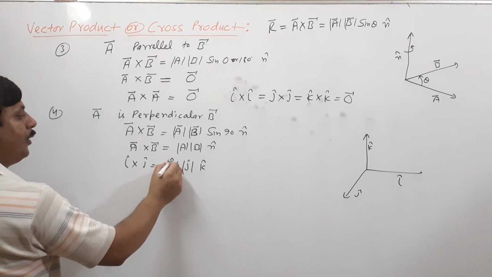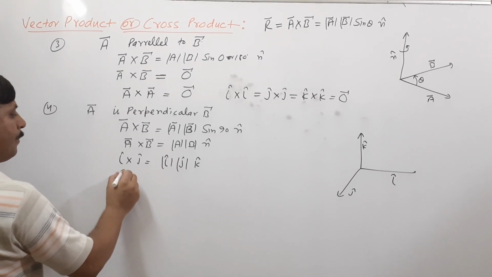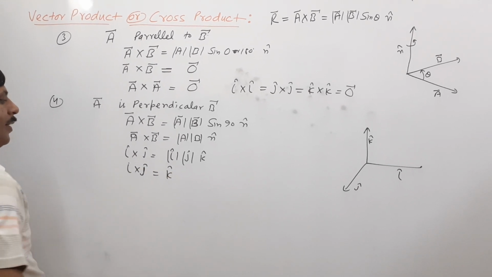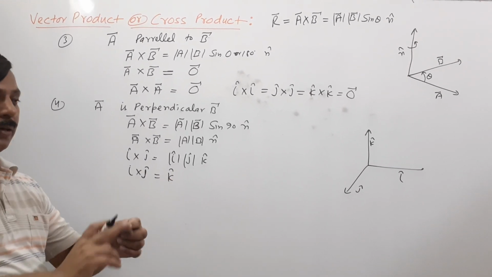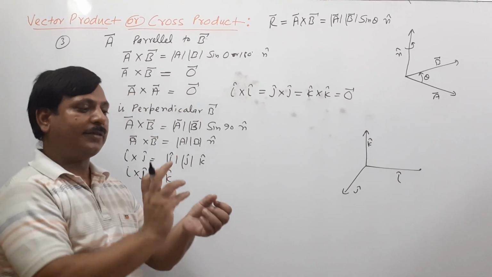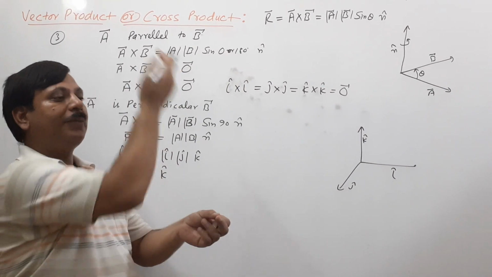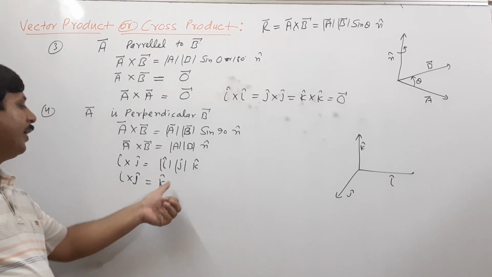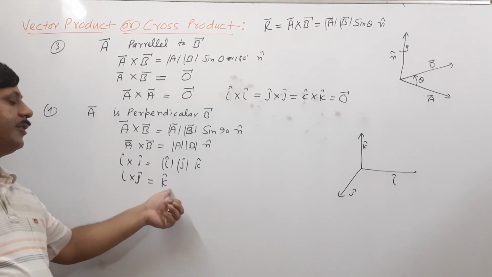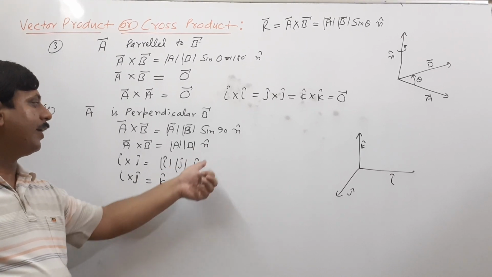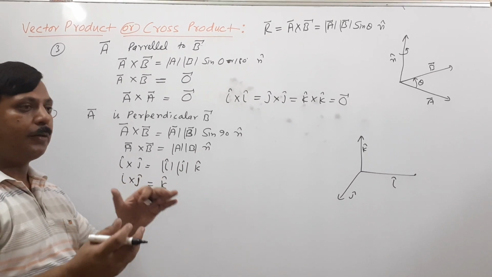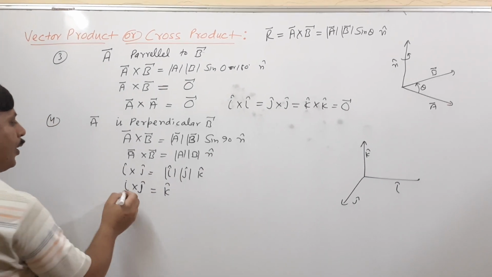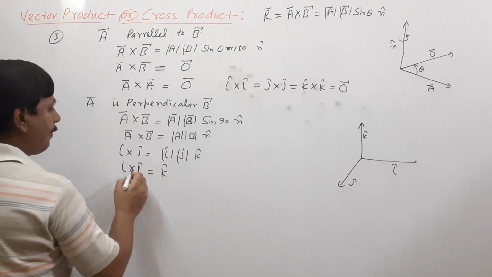The magnitude of a unit vector is 1. So i cross j is equal to what? k. Look very carefully: x axis, y axis, z axis. If you are rotating i cross j, then this belongs to unit vector k, because n cap is perpendicular to both, by the right hand screw rule. So i cross j is equal to k.